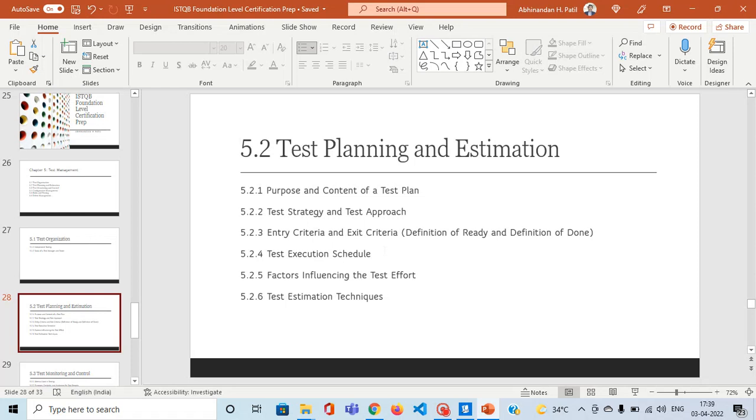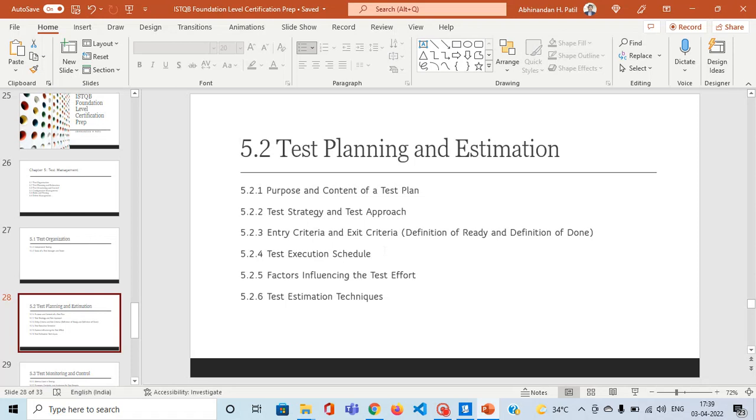The execution schedule should take care of prioritization. Prioritization is basically what needs to be executed first. And if there are any dependencies, if we are dependent on something during test execution, that needs to be taken care of, and regression tests, if any, should be taken care of. And most importantly, the efficient order of execution of the test cases should be taken care of.